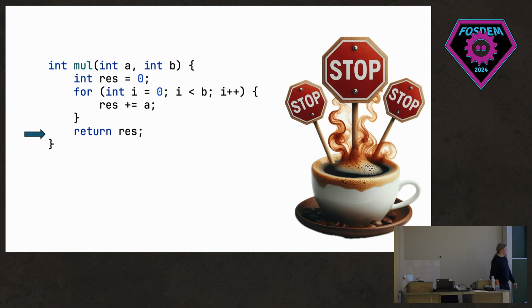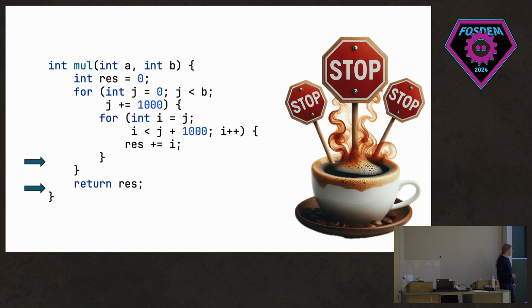And then, of course, we sometimes have loops. Some of you have written such for loops, and the problem is that some years ago, this didn't have a Safepoint inside. Especially if B got really large, it meant that the JVM took quite a long time to reach the next Safepoint. So people started to do loop strip mining.